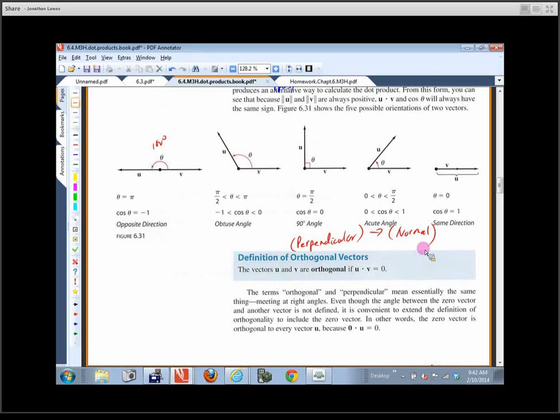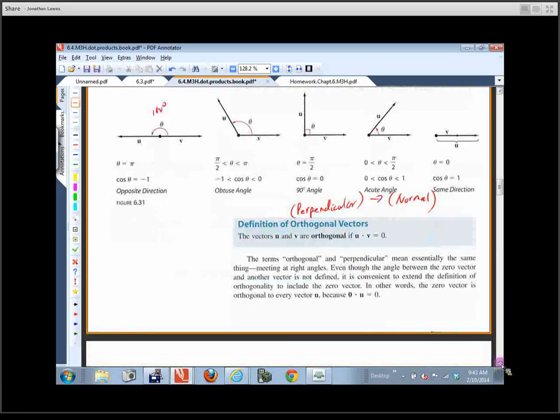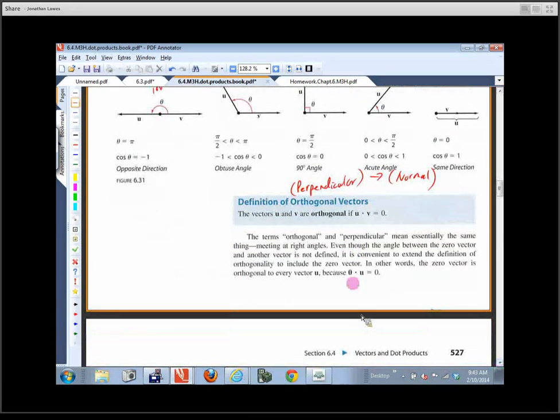Yeah, but then you'd be showing that you hate the other person that you're talking to. Make sense? Okay, and again, we also use the word normal. So orthogonal and perpendicular mean essentially the same thing, so they meet at right angles. So in order for them to meet at right angles, the dot product has to be 0, all right?